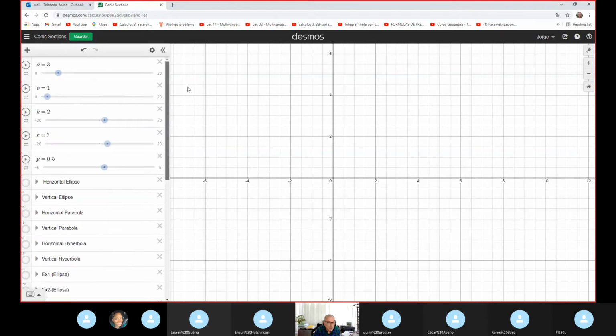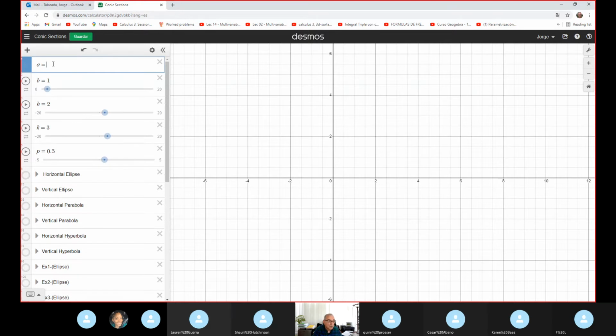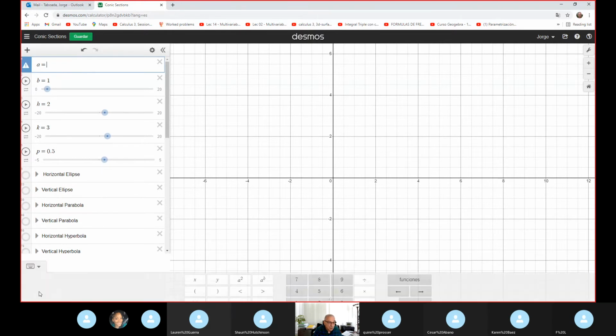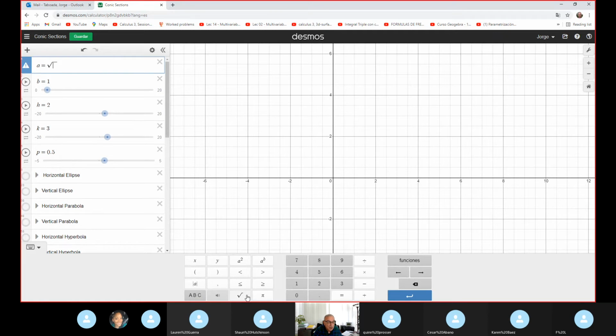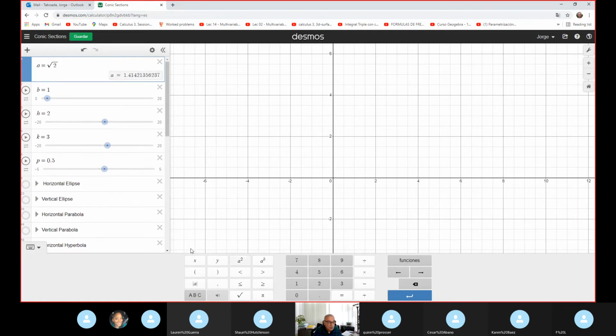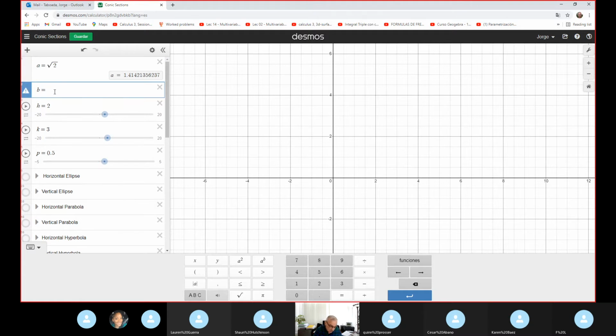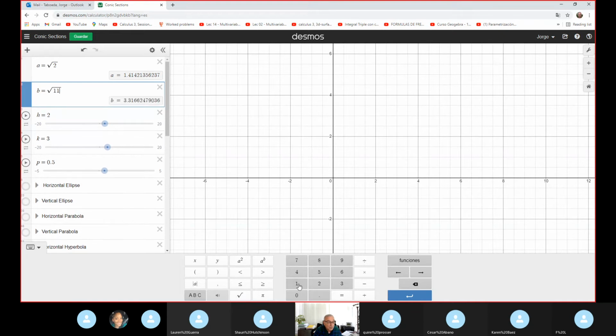Now I discover that A is radical 2. Okay, I fixed that. Using the keyboard for decimals, I put radical 2. Bang. And B is radical 11. And H is negative 3.